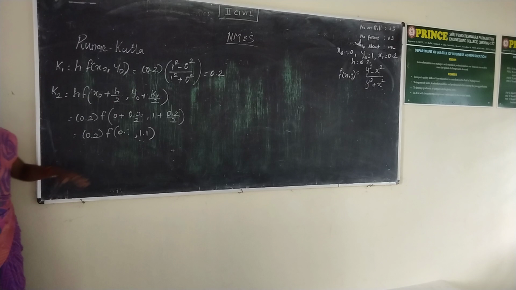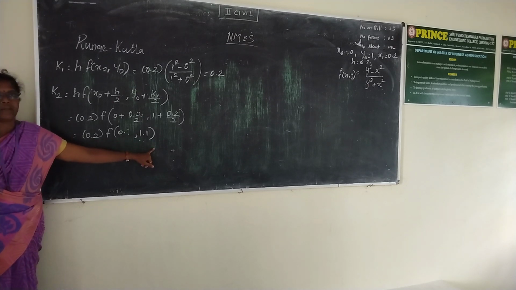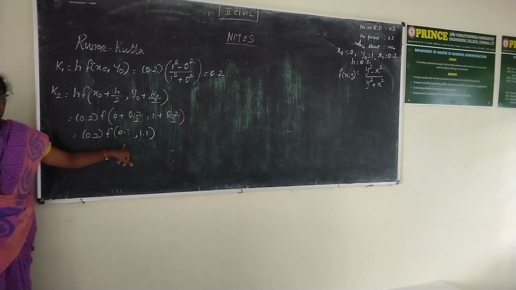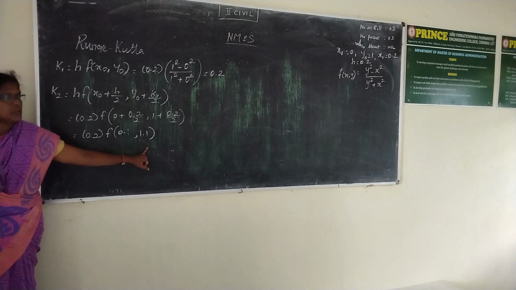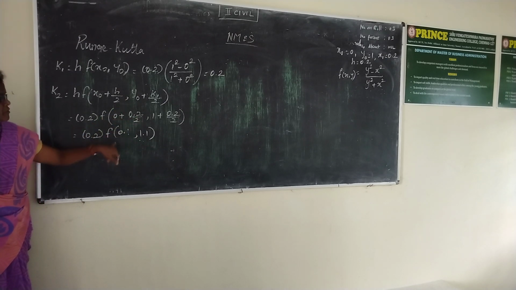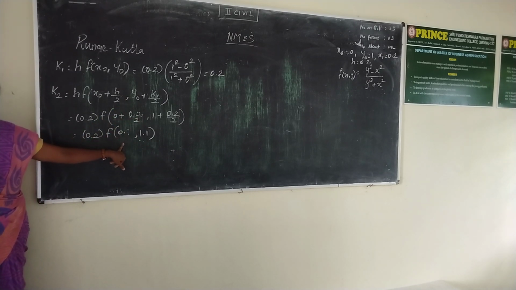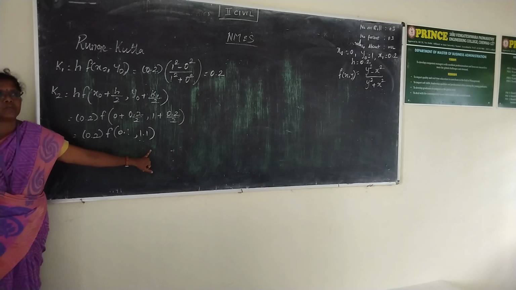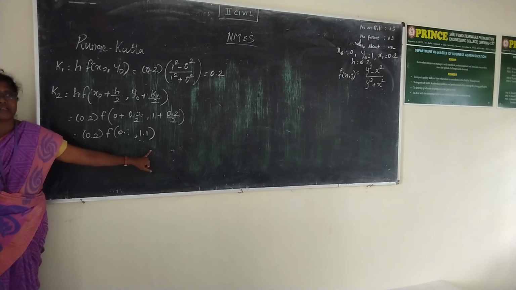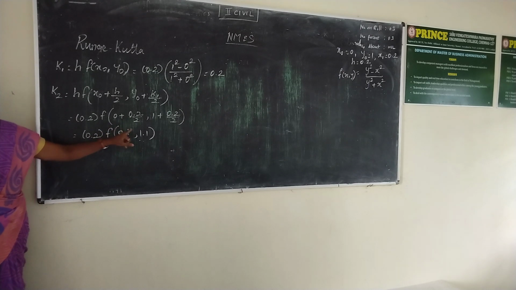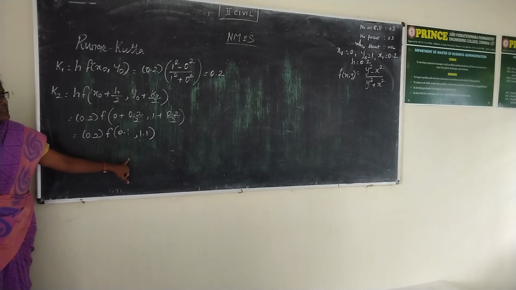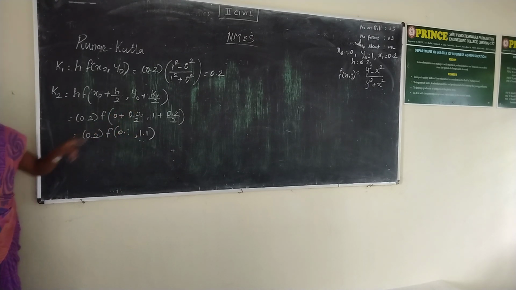So now what you have to do, instead of x and y, first value is x, second value is y. So in the formula, instead of x you replace it as 0.1 and instead of y you replace it as 1.1. Can you understand now? You are going to find the new x and y values. Then substitute that in the given f of x comma y.